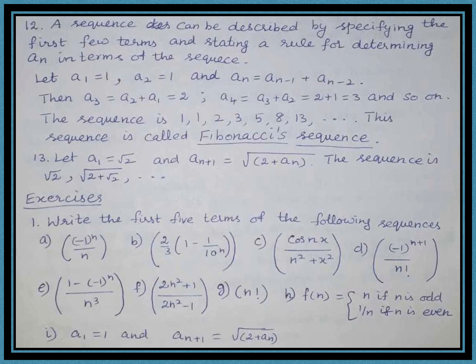Example H is given as f(n) = n if n is odd, 1/n if n is even. So we have a similar example. See that example and find the solution for this.